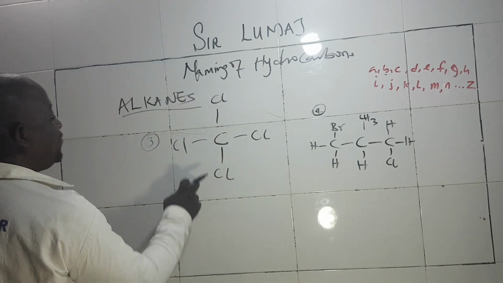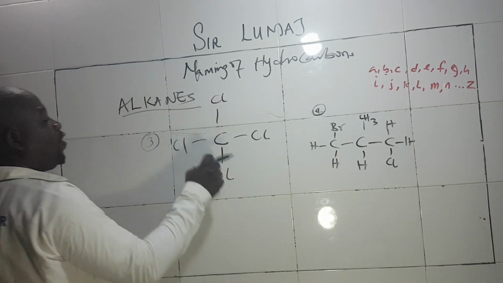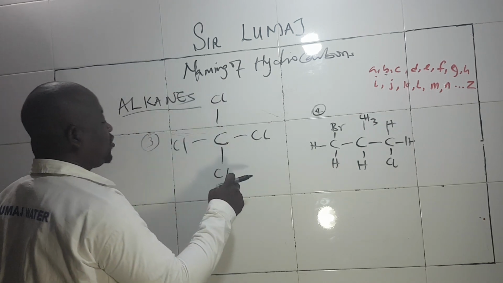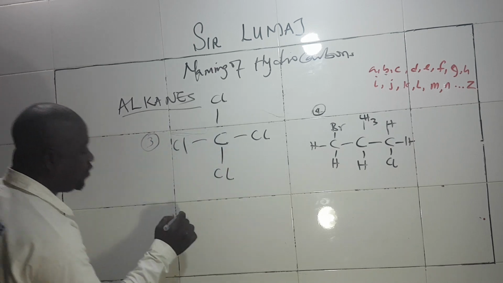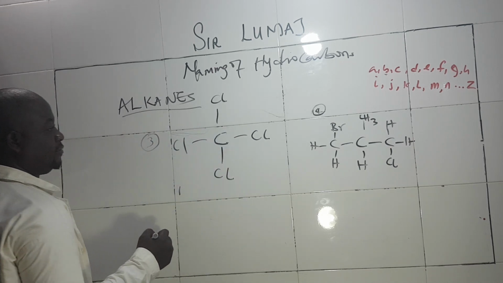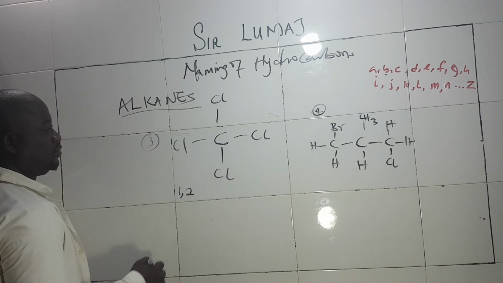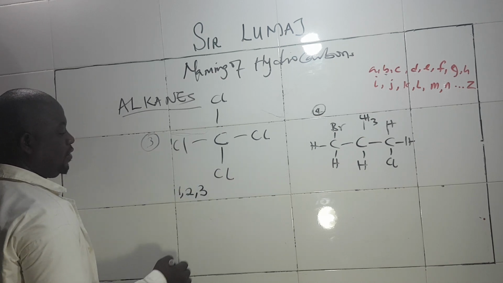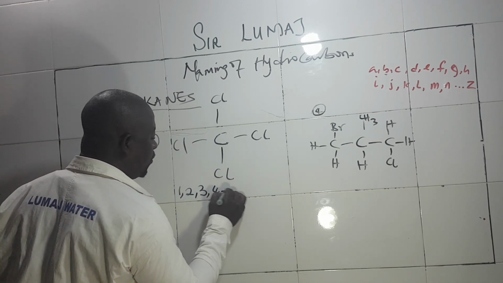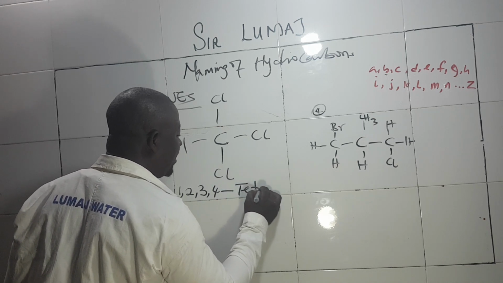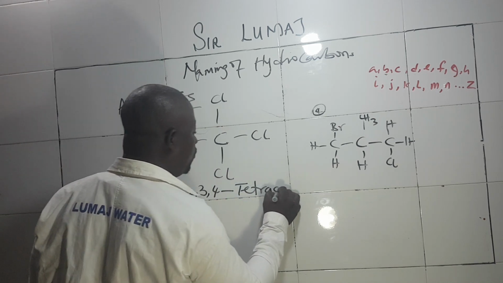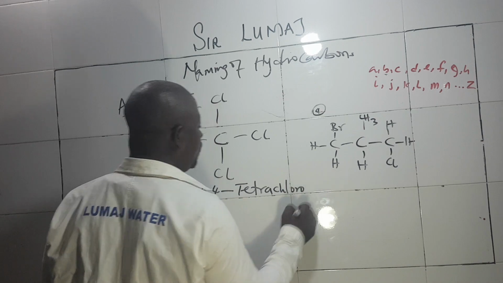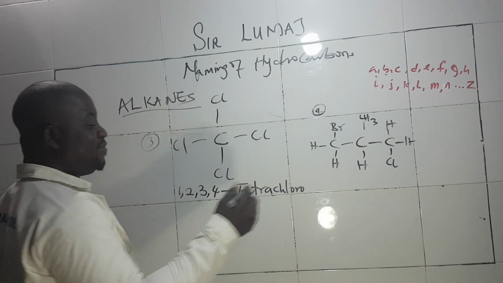So here we have 4 chlorines on 1 carbon atom. For us to name this now, it will be tetrachloro. What's the parent compound? Methane.